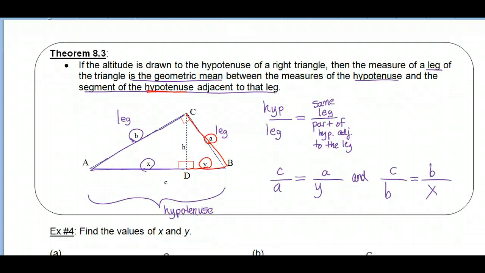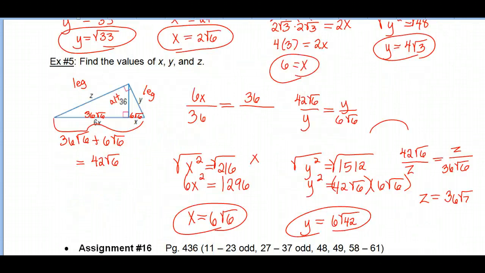Okay. Theorem 8.3 says any leg of a triangle is the geometric mean, so that means you put the leg here and here, between the hypotenuse and the segment adjacent to that leg.